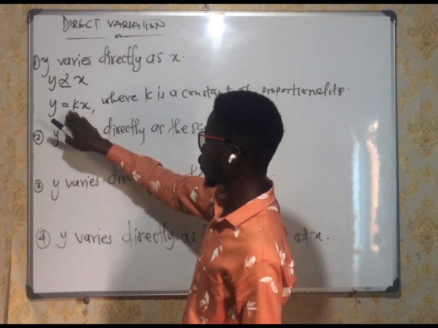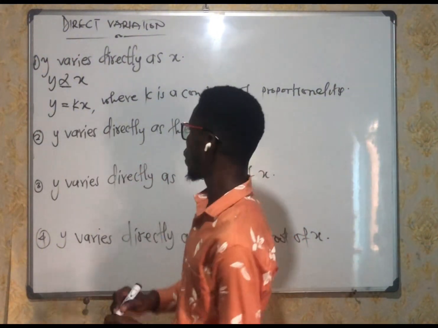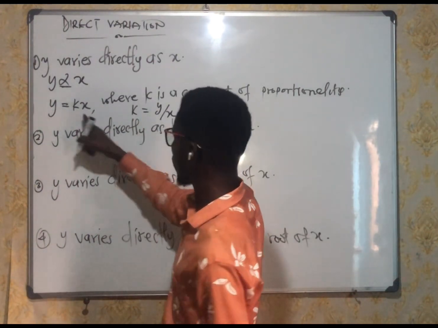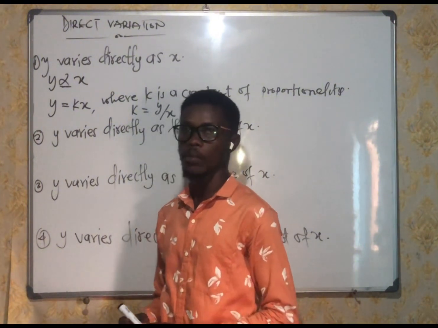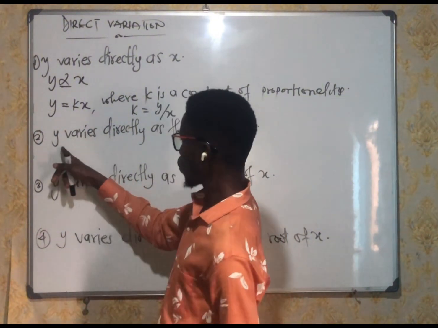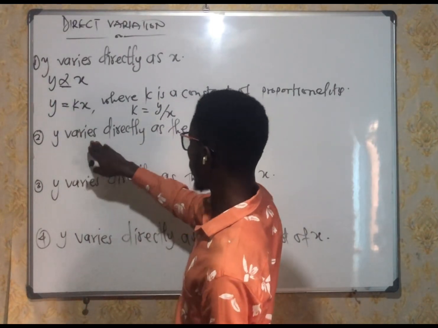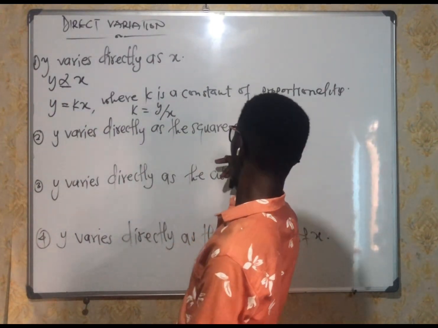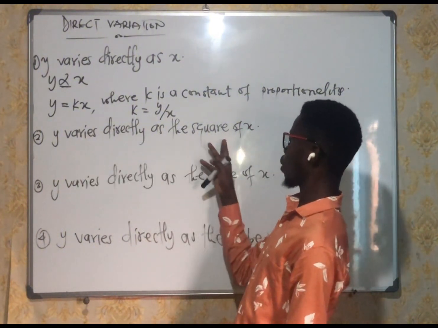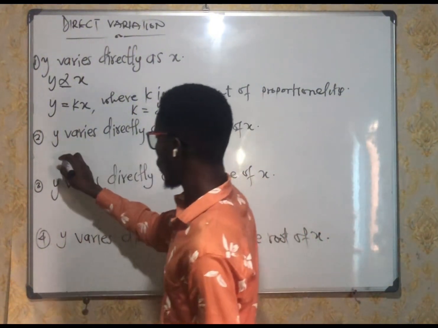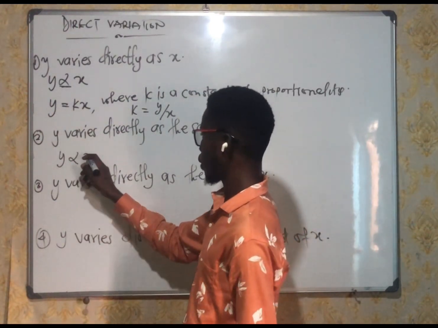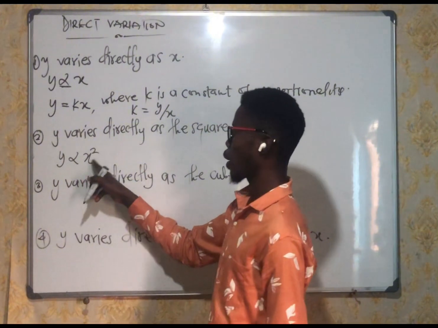Now, when you get this, I have to make k the subject, meaning that k equals y over x, because you have to divide both sides by x in order to make k the subject. Now let's look at example number 2. Y varies directly as the square of x, meaning that y varies as x squared.